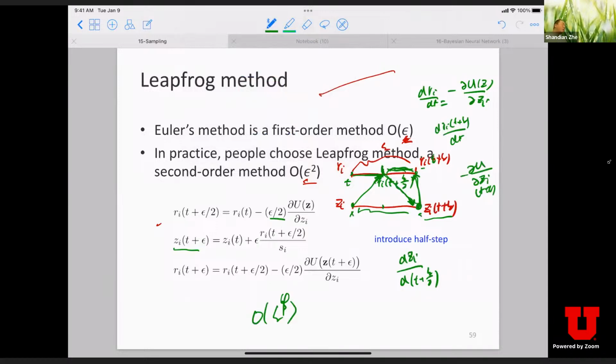These are called high order symplectic integrators. But if we use even higher order methods to do the numerical integration, you will see that the computation cost grows much faster. That's why, to best trade off the computation cost and the error, most people will just use the second order method, namely the leapfrog. Any questions so far?